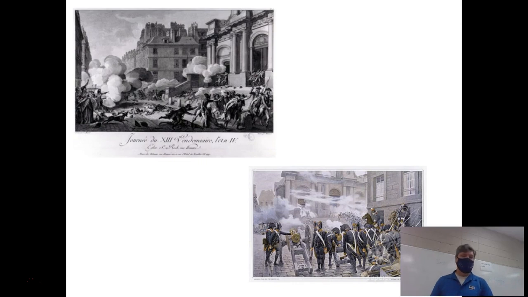A group of people that wanted to restore the Bourbons had a big old demonstration in the streets, and they wanted to overthrow the government. So Napoleon and his men were called in, and they did not negotiate with the crowd. Napoleon lined up the cannons, filled them with grape shot, and just blasted it right into the crowd without even talking to them.